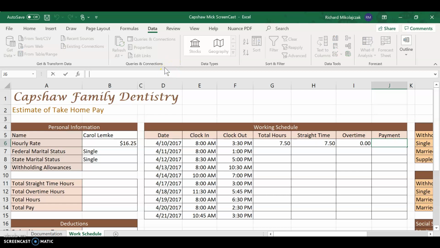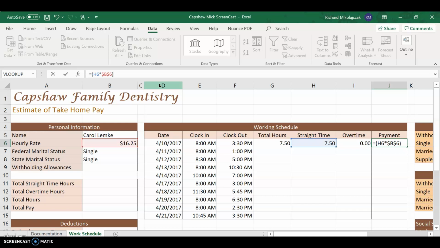We'll make that equal H6, which is your straight time, times, we're going to use an absolute reference here, $B$6. And that covers your straight time.